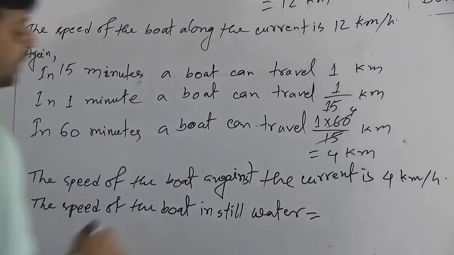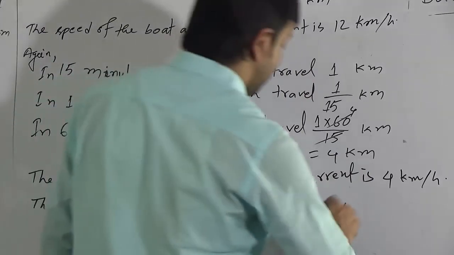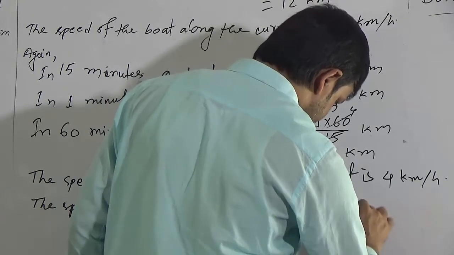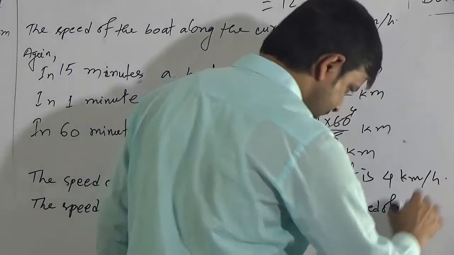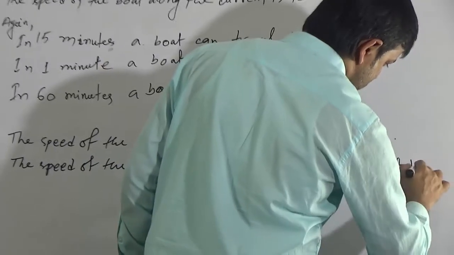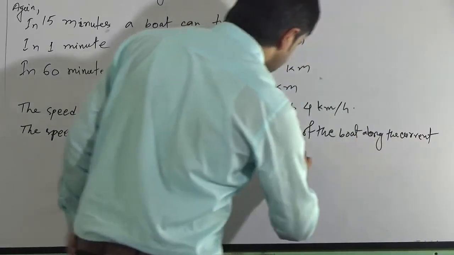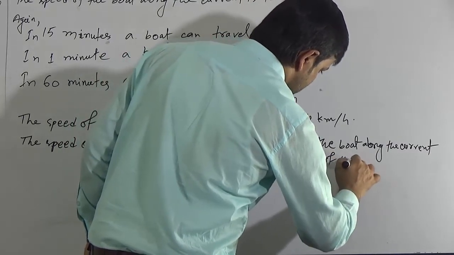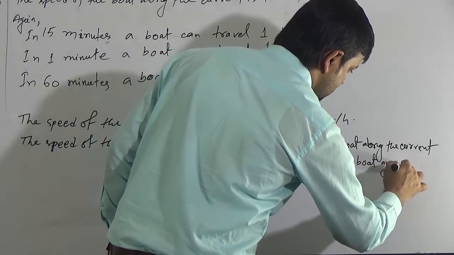This means the actual speed of the boat, that will be equal to half into the speed of the boat along the current plus speed of the boat against the current.